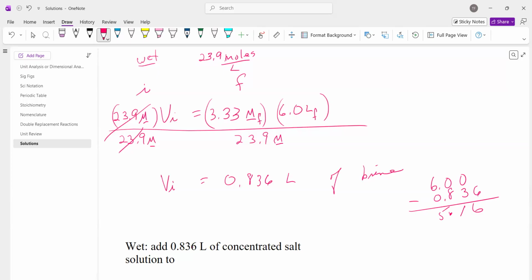Okay, so sig figs is going to be 2 sig figs because it's 2 decimal places. So looking at 5.6 liters water.